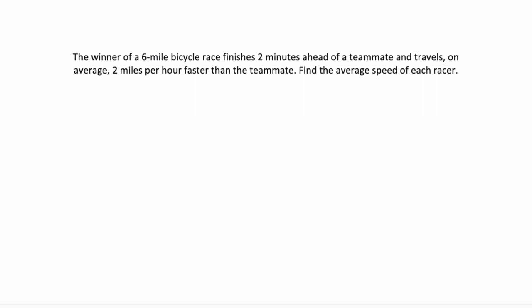Now, there's a few things you need to catch here. First, we're going to find the average speed, which means we need to use the distance equals rate times time formula. The other thing, speed is measured in miles per hour, but time is in minutes.